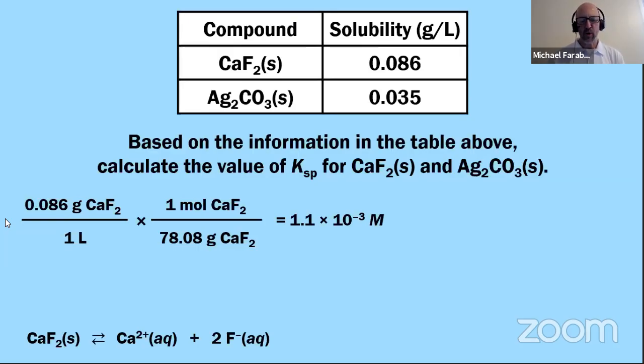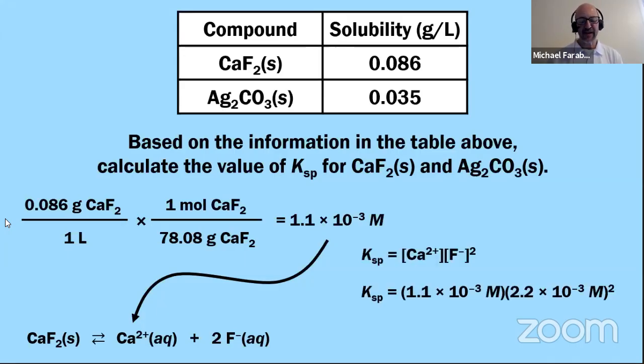Or is that the concentration of the fluoride ion? Think about that. Hopefully you can see, based on the 1-to-1 mole ratio, that the concentration of calcium is in fact the solubility of the entire compound. So the concentration of fluoride is not 1.1, but rather 2.2 times 10 to the negative 3.